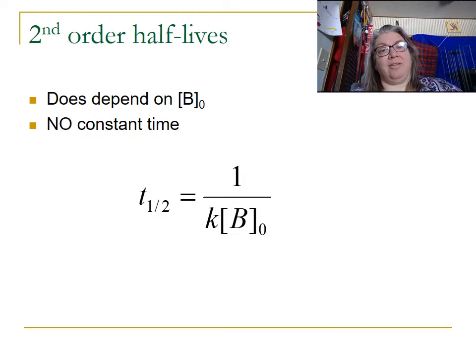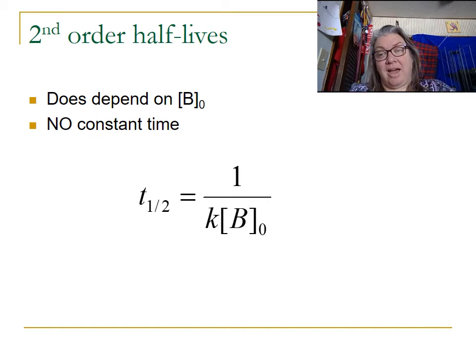So the second order half-lives, they do depend on concentration, on the original concentration. And so every half-life that you have is a lot longer than the previous half-life. I know that doesn't make much sense yet, but the first half of the sample disappears fairly quickly. The next half, so when you go down to 25%, even though it's less material that is going to decay, it's a lot slower.